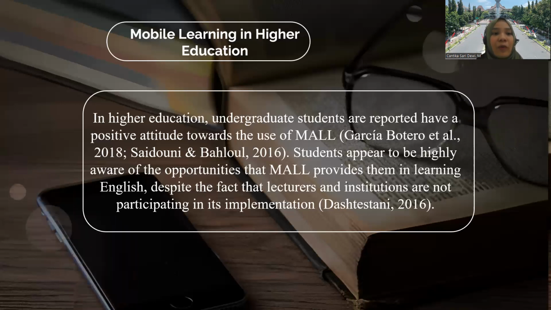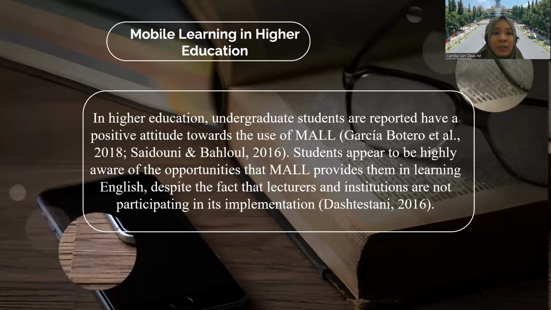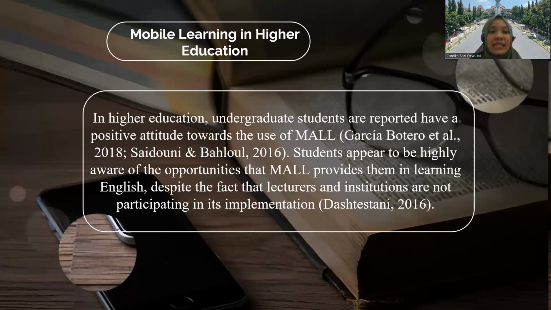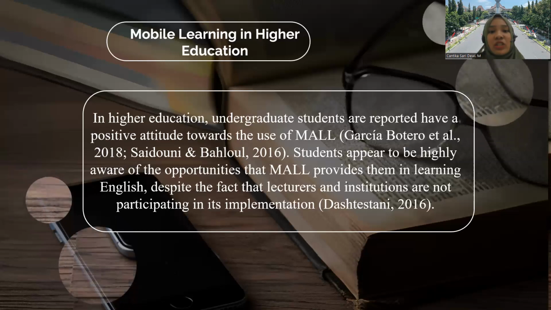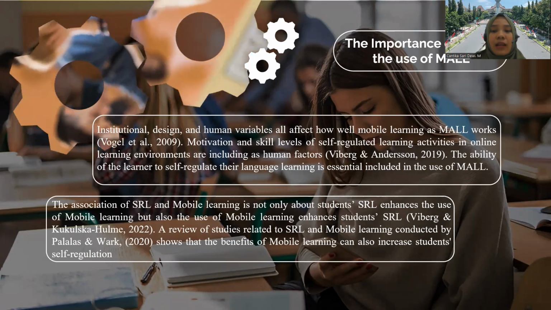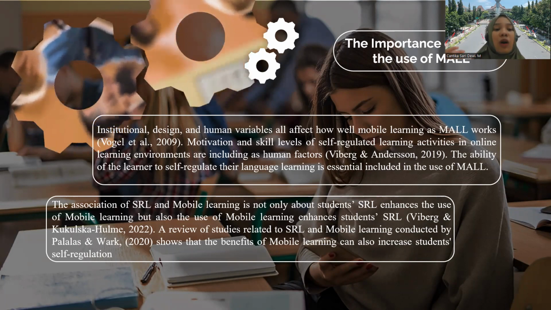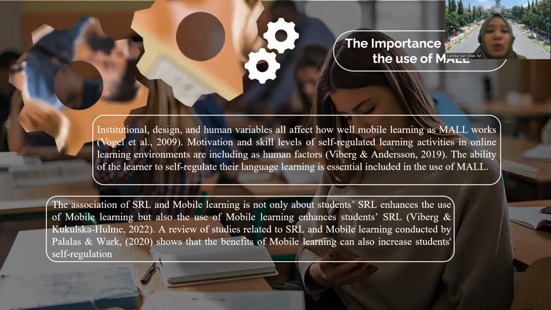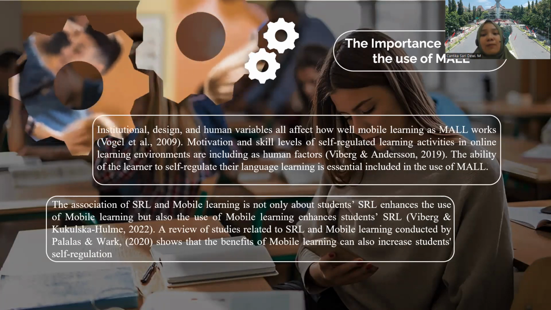Okay, so we have now the definition of our terms, and also the development of mobile learning, or in this case mobile assisted language learning in higher education. And let's see what's the relationship. Okay, so there is an essential role that self-regulated learning plays in the use of MALL. What is it? According to Vogel et al. in 2009, institution design and human variables all affect how well mobile learning as MALL works.